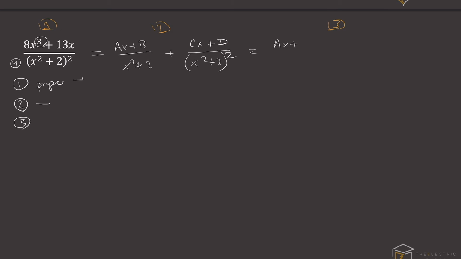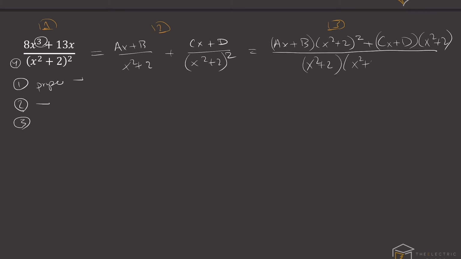So ax plus b times x squared plus 2 squared plus cx plus d all times x squared plus 2, over x squared plus 2 times x squared plus 2 squared.